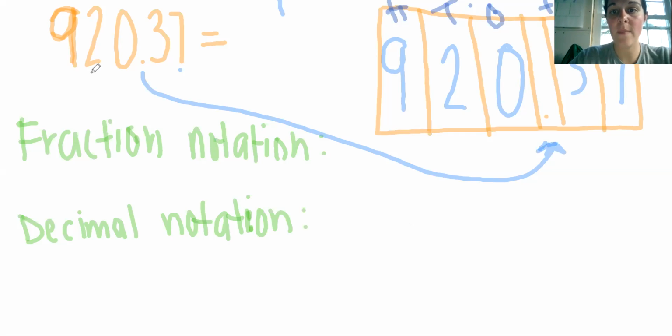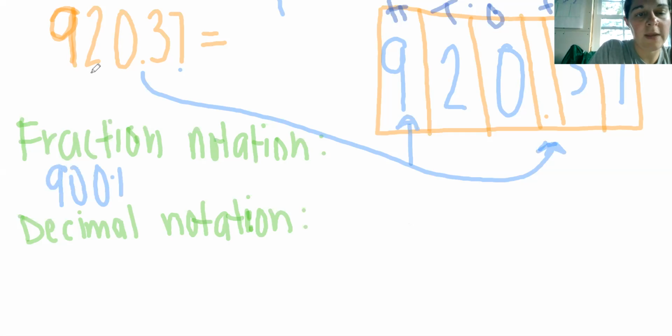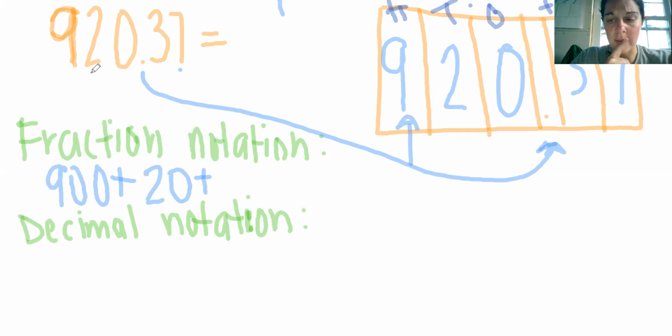How many hundreds do I have? I have 900. How many tens do I have? I have 2 tens, which is worth 20. Uh-oh, I have 0 ones. If I have 0 ones, do I have to put that in there? I don't. I get to skip it, which means I'm going to go right next to my tenths.